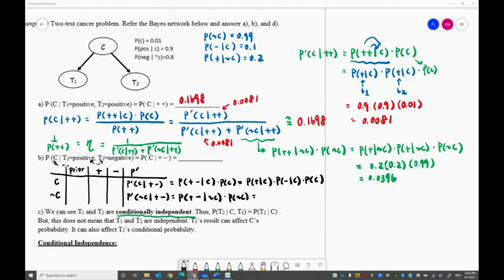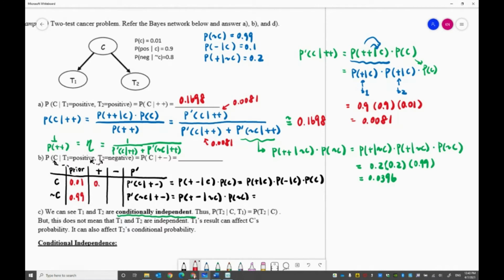actually you can also solve this by using the probability table. So usually the prior goes in the first column: the probability of C, which is 0.01, and the probability of not C, which is 0.99. Then you can also put in the other given probabilities, the probability of positive given the prior.